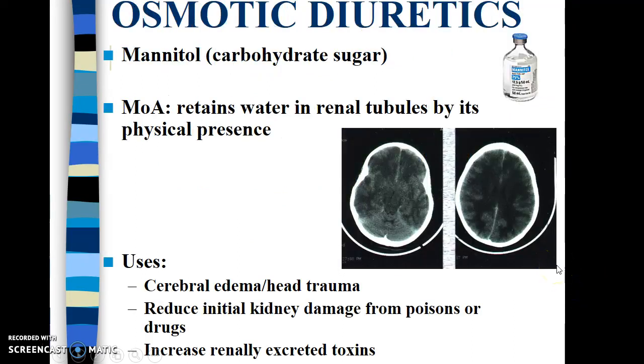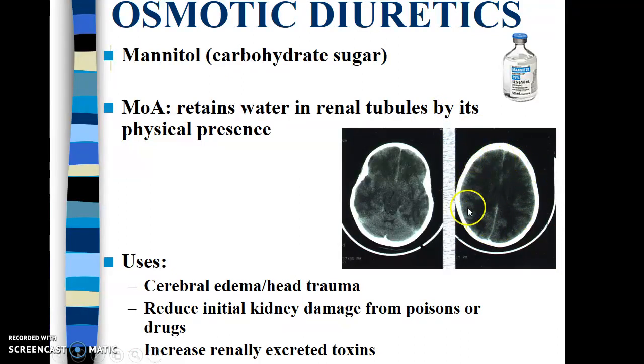Lastly, I'm going to talk about two other diuretics. These are not associated with cardiac disease. The first one is mannitol. It's a large sugar. We give it IV. It helps to relieve the fluid in the body in different areas, and in particular we'll use it for cerebral edema in head trauma.